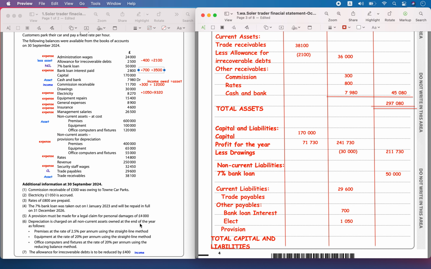Then we have provisions. This provision of 4,000 was made for a legal claim for personal damages. That also has to be included here, so this also becomes a current liability.